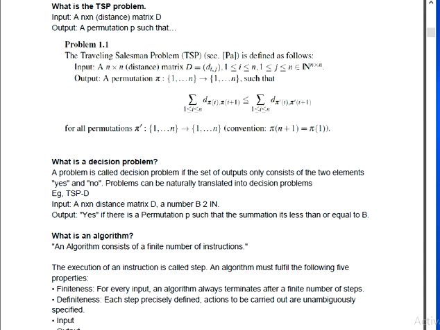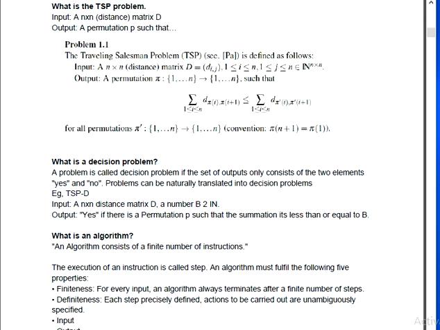Now the permutation for all other cities is pi prime, from 1 to n to 1 to n. Here the convention is that the permutation of n plus 1 is equal to permutation 1, which means the position after the last city is the first city.